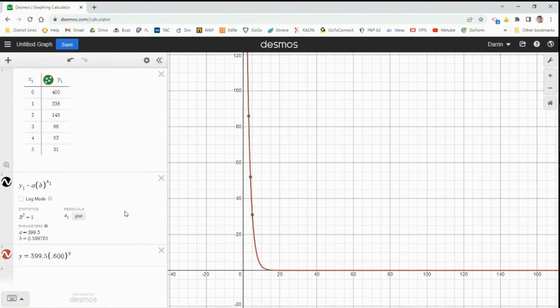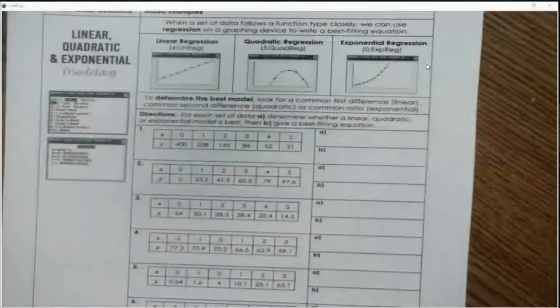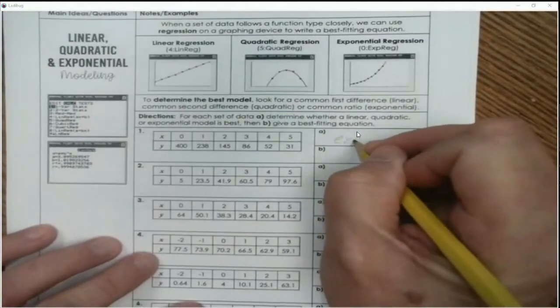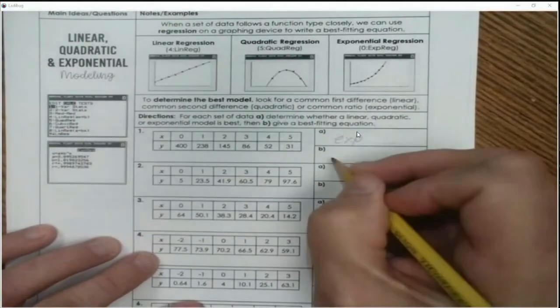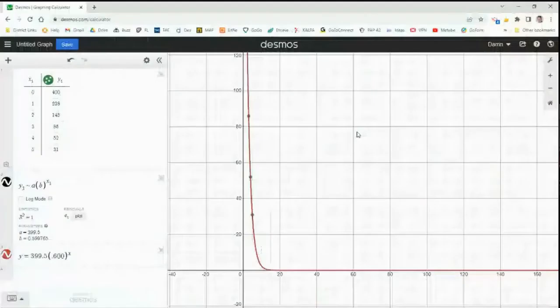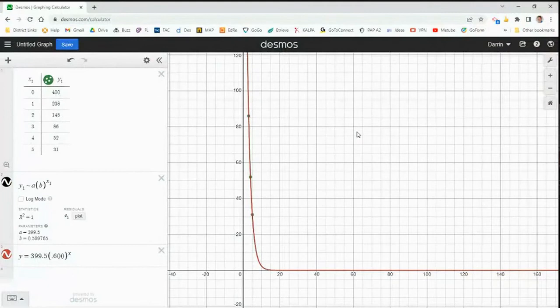So on our notes at that point, we say, okay, so this is exponential, and it is y equals, what was my numbers again? 399.5 times 0.600 to the x.